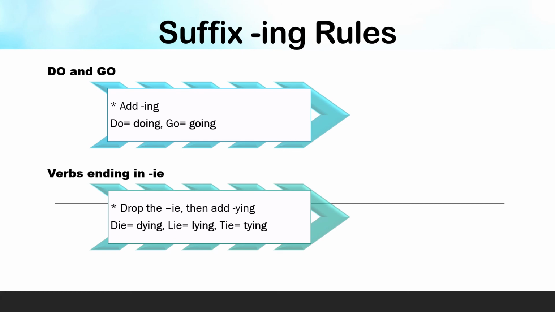In this case, we have to drop the ie and add ying. For instance, we have die, it finishes in ie. We drop the ie and write ying. The same happens with lie, that changes to lying, and tie, that changes to tying.